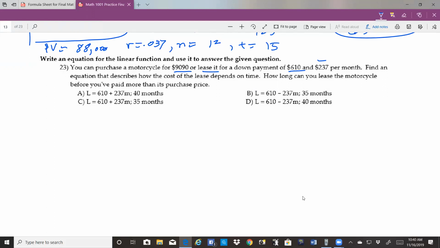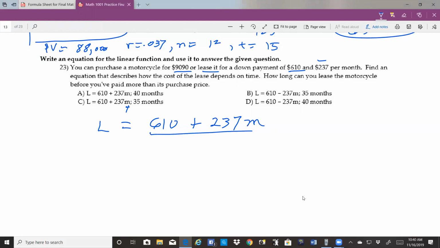Well, L is going to be what we call the lease, and you're going to pay $610 up front plus $237 a month. That would be the slope of the linear function. And they're using a variable of m, it looks like, instead of t, which is fine.